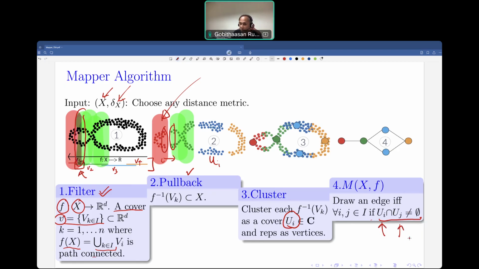If it's not an empty set, that simply means it has some value, then we draw an edge like that. For example, red and green, they overlap. They have some values. It's not an empty set. Then we draw an edge. Similarly, we draw an edge for blues. Basically, these blues, I should color this a different color.